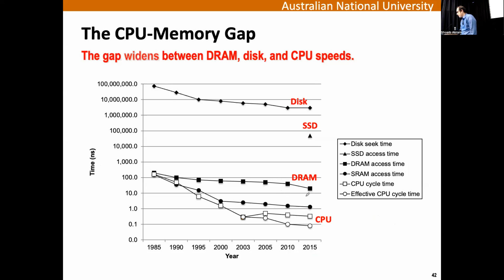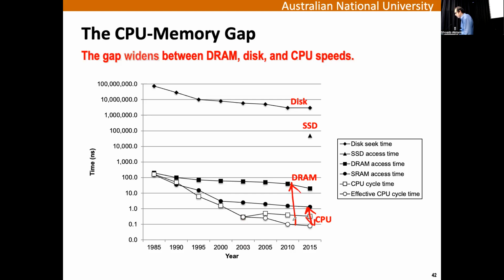After 2003, they are dividing cycle time by the number of cores, because after 2003 we started to build multi-core processors where each processor has many cores, because we could no longer increase the frequency due to power limitations. You can see that the gap between CPU and SRAM is not that much.